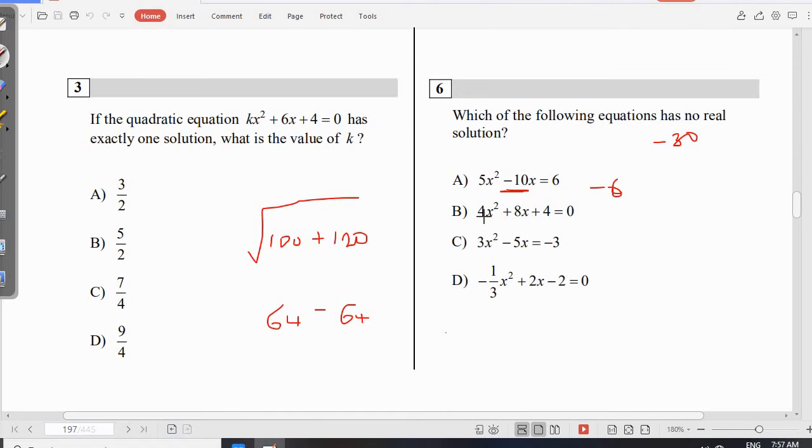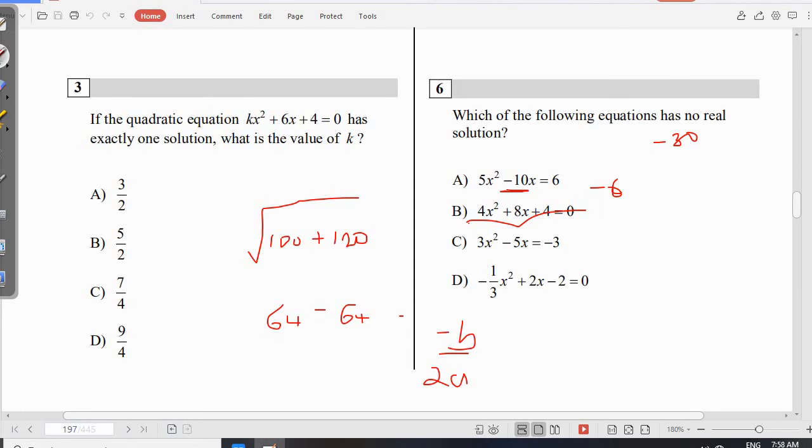You see, because 8 squared is 64, and 4 times a, which is 4 times 4 is 16, times 4 is 64. So this one has just one solution, but that solution is a real number, because square root of 0 is 0. Very important. The solution there is just minus b over 2a.